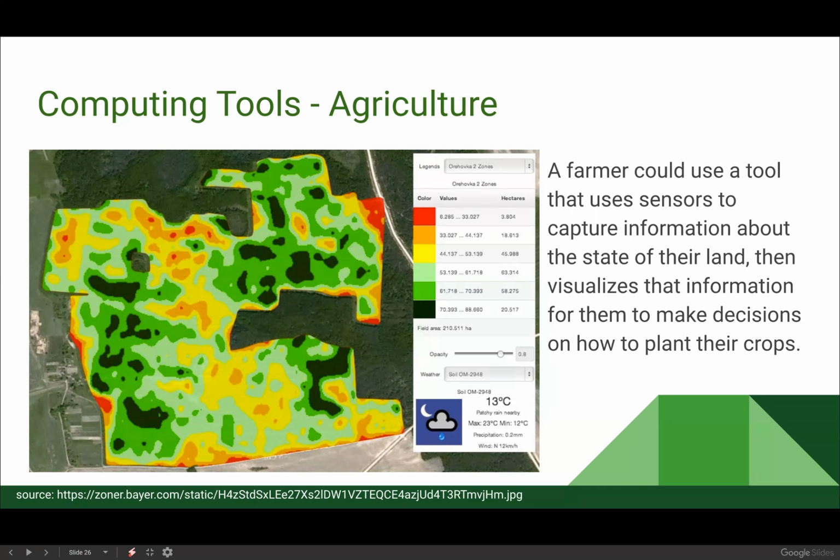You take all this data, do some calculations, and output some visual thing so that it's human readable, so that the farmer can look at this heat map and say, let's plant more of our crops in these dark green areas because those are better or something. I don't know what exactly this is representing, but it's sample data. Obviously, it's going to be representing something. So we're taking the information from the sensors and making it human readable by providing an image.